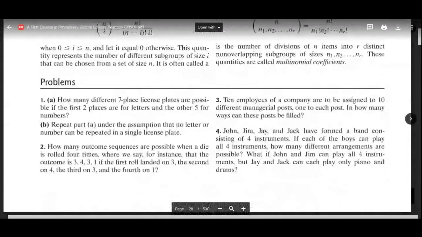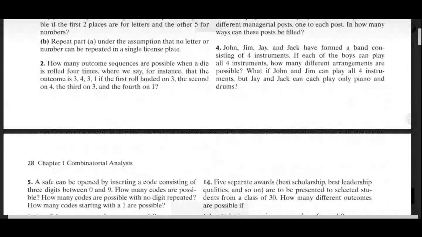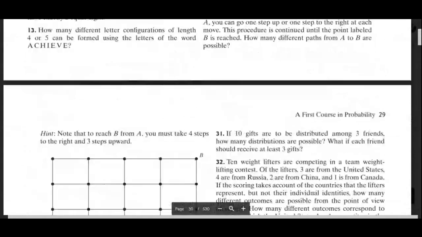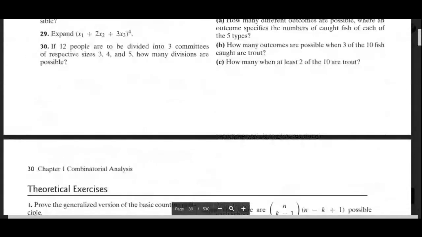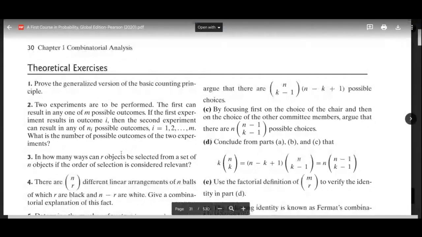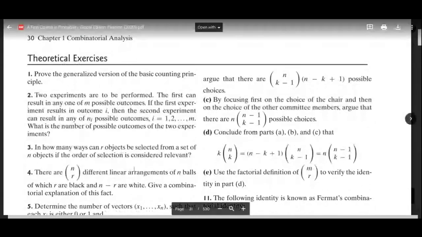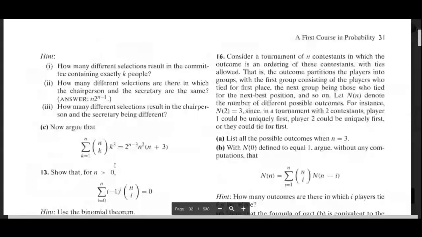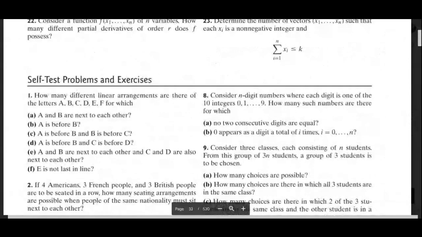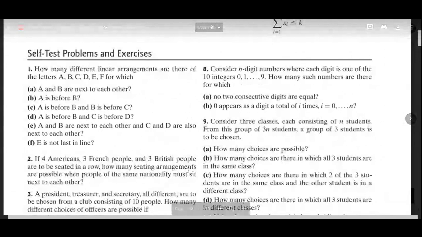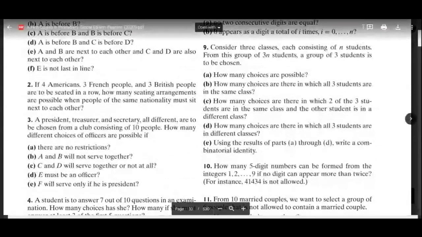I see there are 3 parts: problems, then theoretical exercises, and then self-test problems. So choose from the problems. Well, you have a choice. You may want to choose from the theoretical exercises because they are more theoretical, more abstract. If you want to choose from the problems, that's fine too. You can even choose from the self-test. Okay, thank you, Professor. Have a good night. You're welcome.